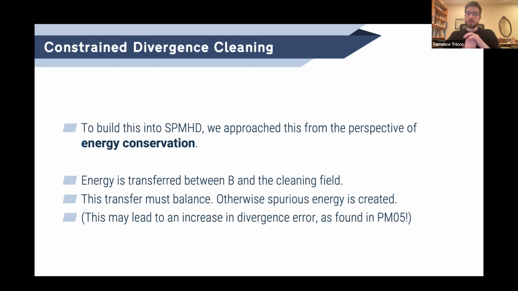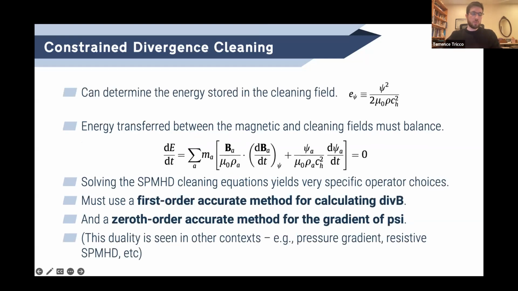If it's imbalanced, then you've created spurious energy, and this may lead to an increase in divergence error, as Daniel found. So what we need to do is define the energy stored in the cleaning field. That's straightforward enough to do. And then make sure that the energy transfer between the magnetic and cleaning field is balanced. That is, the time change of the total energy is 0 for the magnetic field and the psi field, at least for the hyperbolic portion.